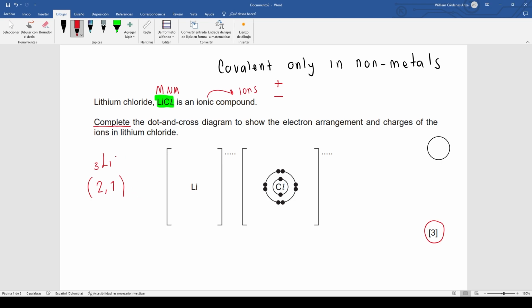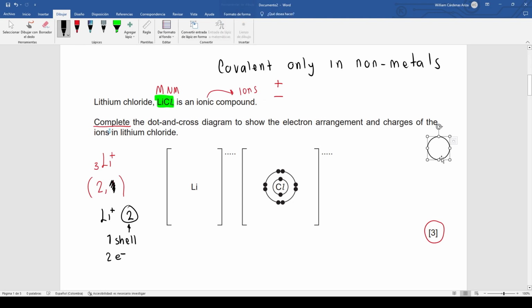However, after this one gives out one electron, it becomes a cation. So this electron here is going to disappear. So now the electron configuration of lithium plus is just 2. That means that it only has one shell, and you're going to have 2 electrons in that shell.